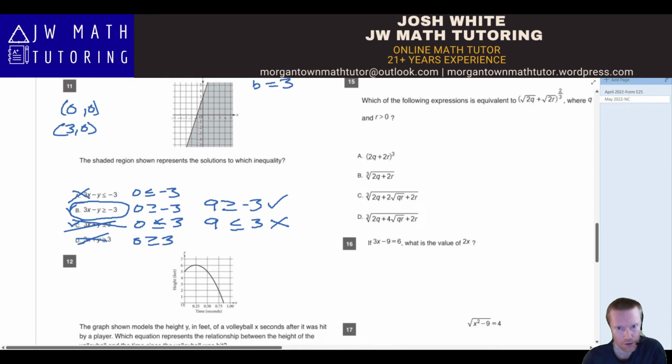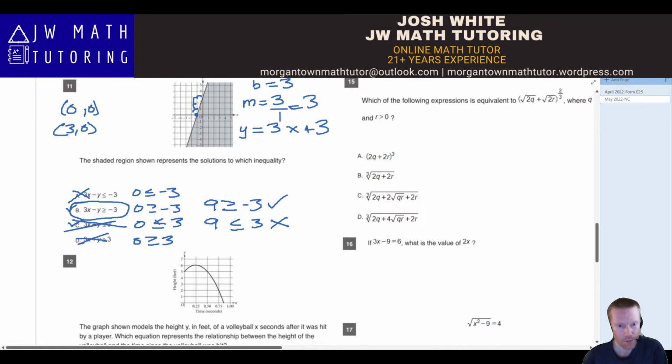So notice right here, I'm right on a grid mark of negative 1, 0. And I go up 1, 2, 3, and I go to the right 1. So my slope for my line is just going to be 3 over 1, or just 3. So in slope-intercept form, I've got y equals 3x plus 3.